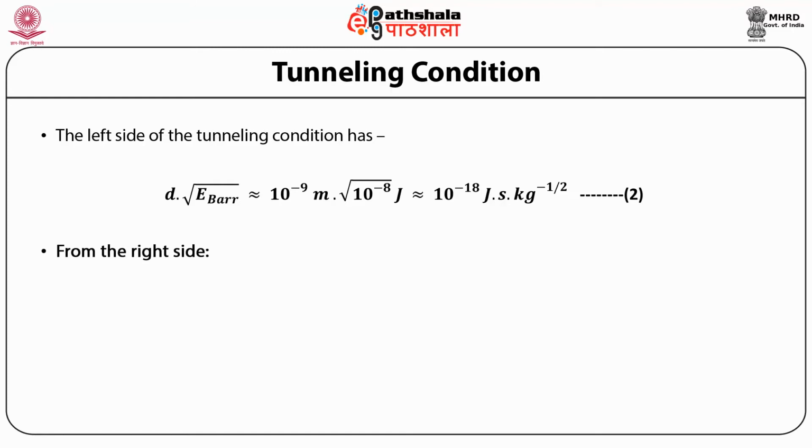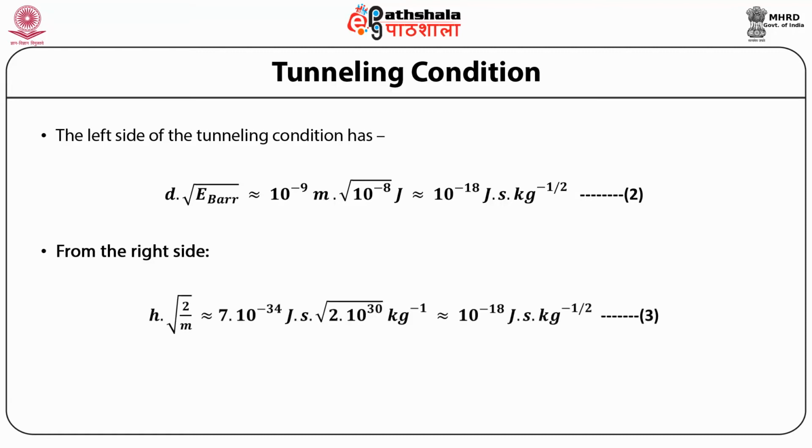And from the right side of the tunneling condition equation, we get h into root of 2 by m. This is equivalent to 7 into 10 raised to the power minus 34 joule second into root of 2 into 10 raised to the power 30 kg raised to the power minus 1.